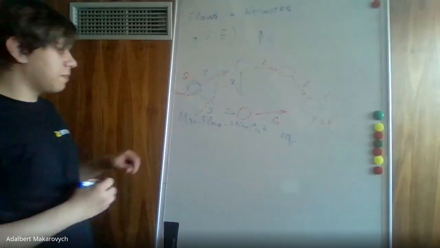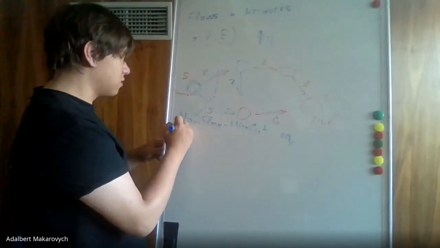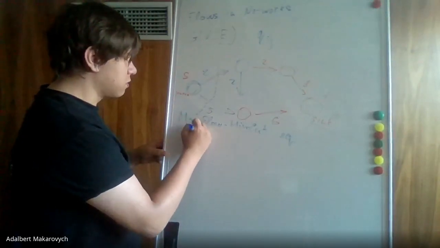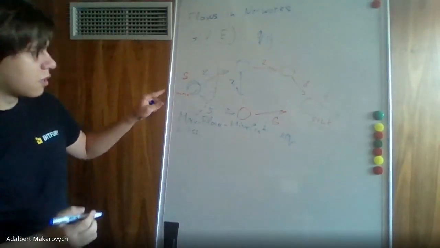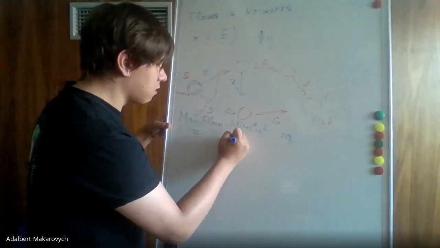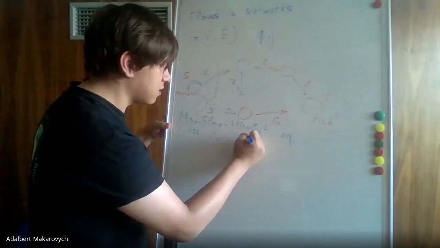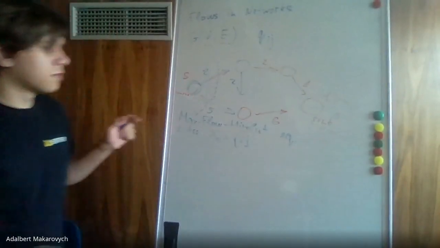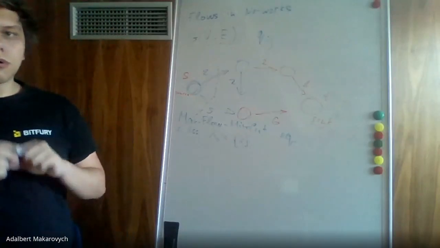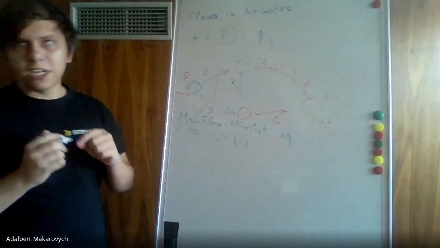The first step is to assume that X0 contains only the vertex S. Now we'll be building something called augmenting chains.